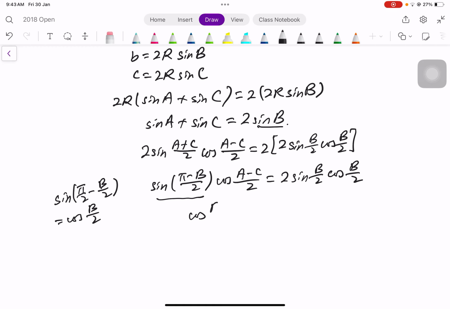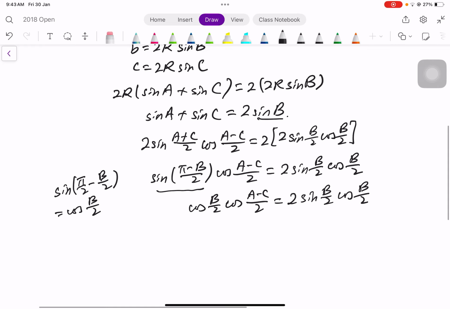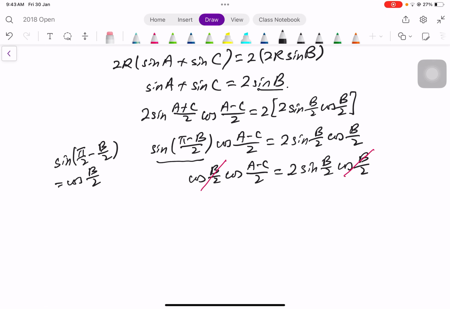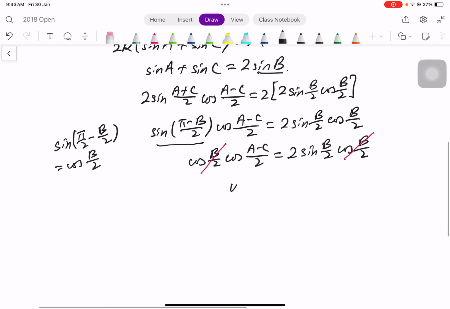Therefore, cosine B over 2 times cosine of (A minus C) over 2 is equal to 2 sine B over 2 cosine B over 2. Cosine B over 2 cancels on both sides.